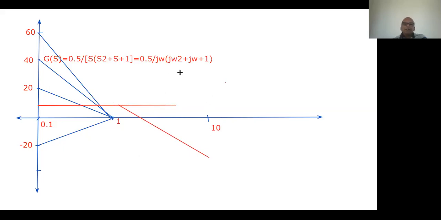And then again the other, quadratic factor. In case of the quadratic factor, omega c equals omega n, equals the corner frequency.